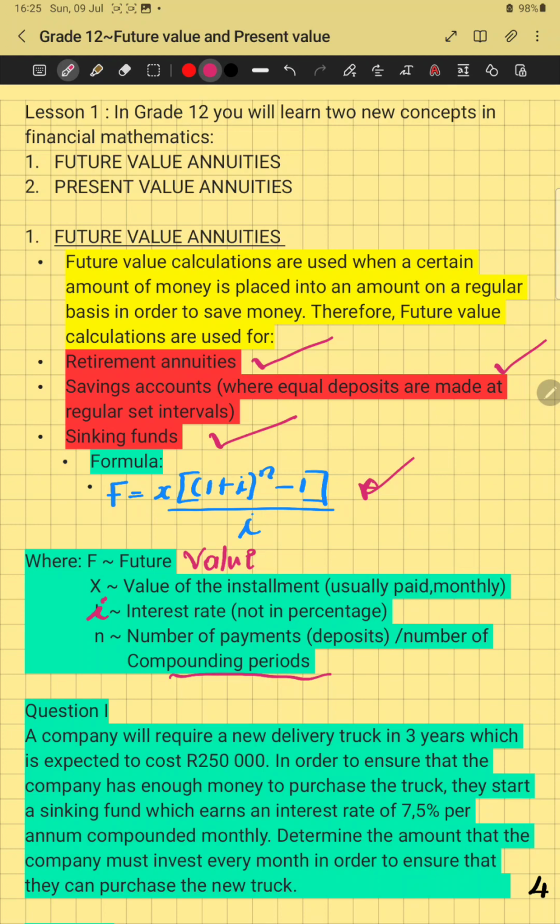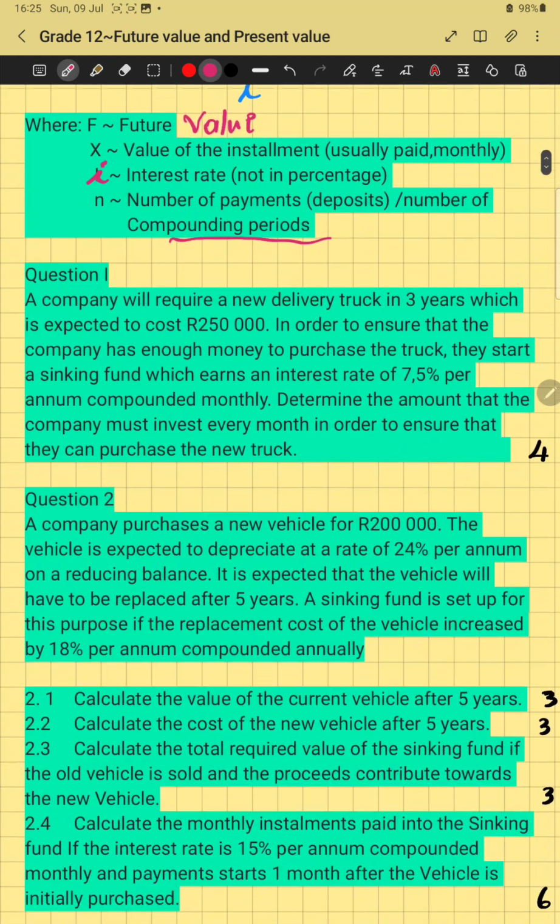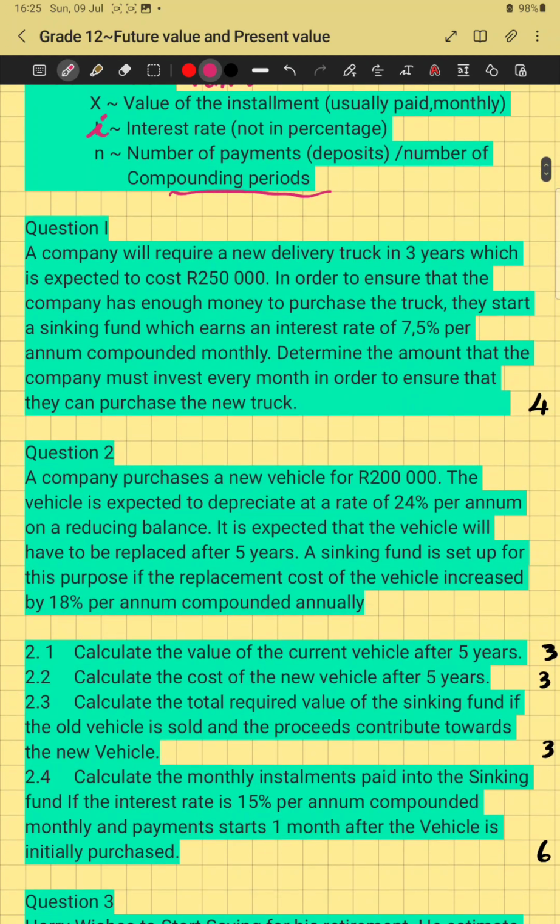Now in the first question here, they say a company will require a new delivery truck in 3 years. So that means this is for the future.